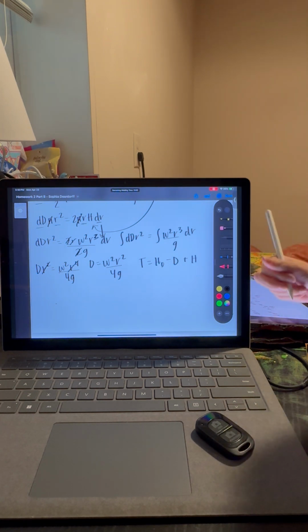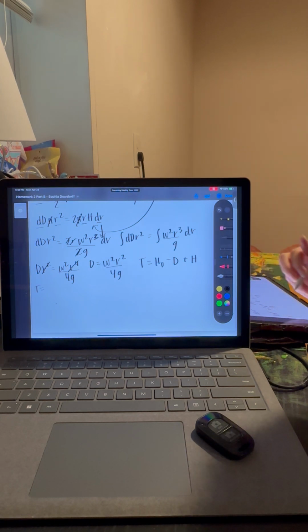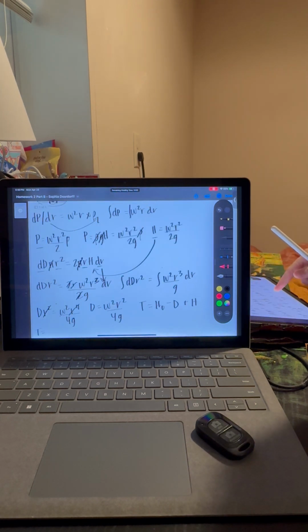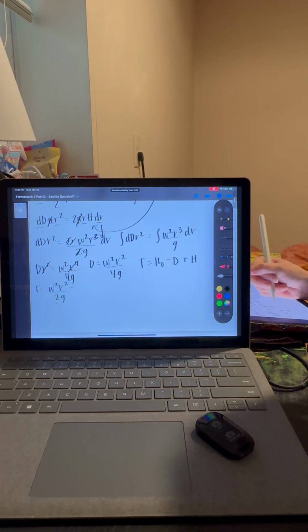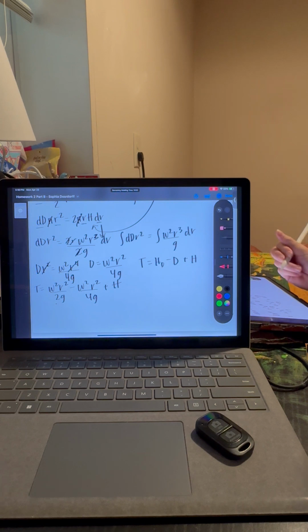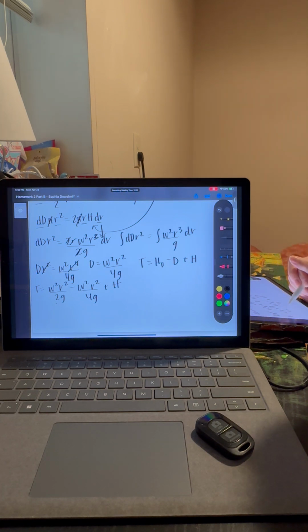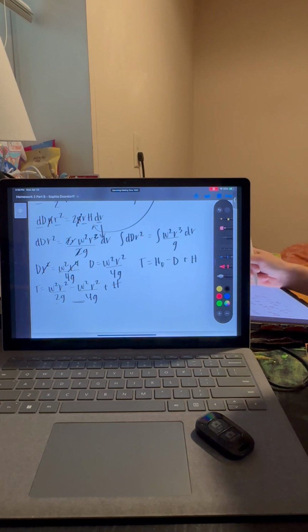Okay, so then we know T is equal to omega squared R squared over 2G minus our diameter that I just solved, omega squared R squared over 4G, plus H. All right, so we can condense these, and that looks like this.